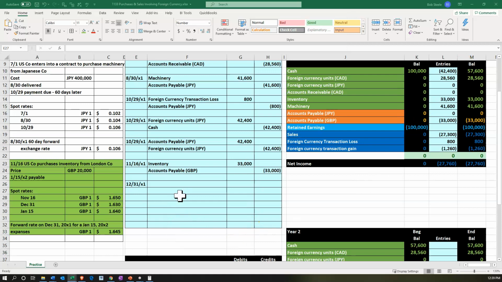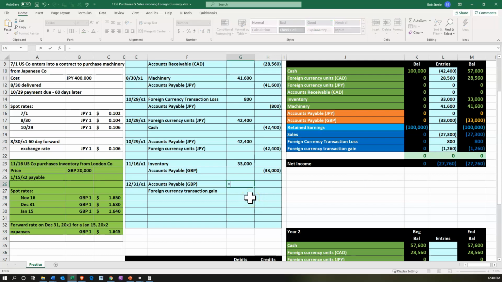So we're going to say, all right, that's good. But we have to adjust then the payable to what it would be, which was at 32,600. So this is going to be the payable. We only owe the US equivalent of 32,600 now. So that's going to be going down. And the other side is going to be a gain because we're still going to basically be representing the inventory on the books at the original cost when we originally did the deal.